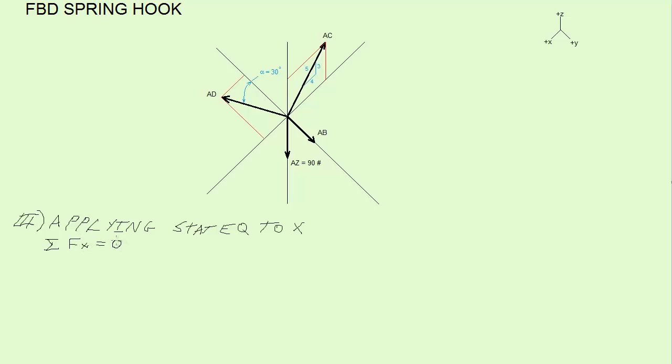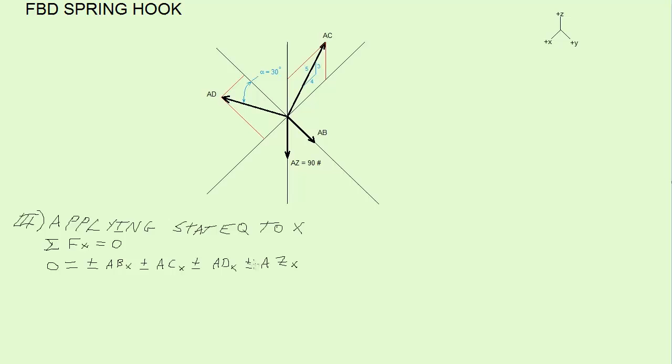So sum of the forces in the X direction equals 0. 0 then equals plus or minus ABx plus or minus ACx plus or minus ADx plus or minus AZx.